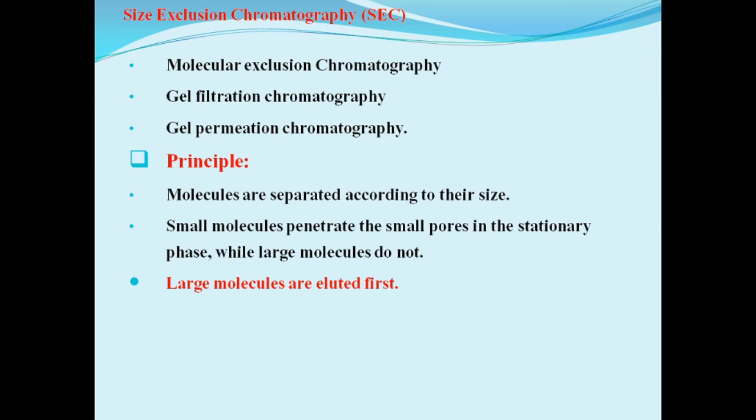To determine approximate molecular weight, the elution volumes of compounds with their corresponding molecular weights are obtained, and then a plot of K average versus molecular weight is made, where K average is equal to VE minus V0 upon VT minus V0, and MW is the molecular mass.